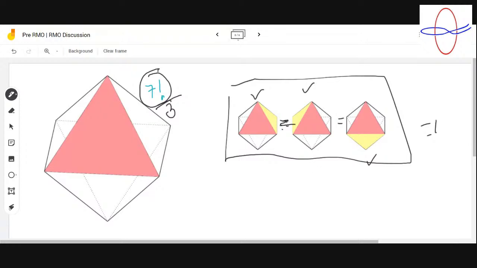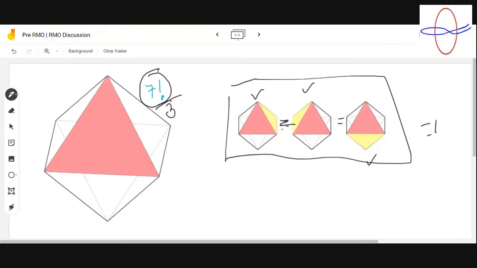Okay, guys, not 3 factorial, but 3. Because for each coloring of these 3, they are different, but actually they are the same with respect to the orientation, the rotation. This is just for one color.